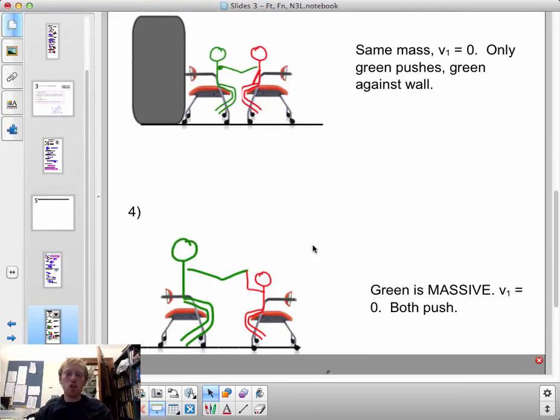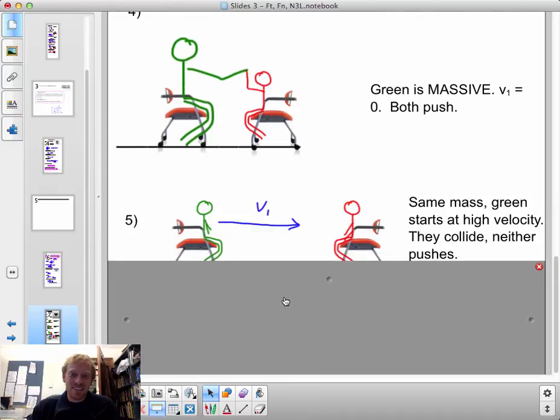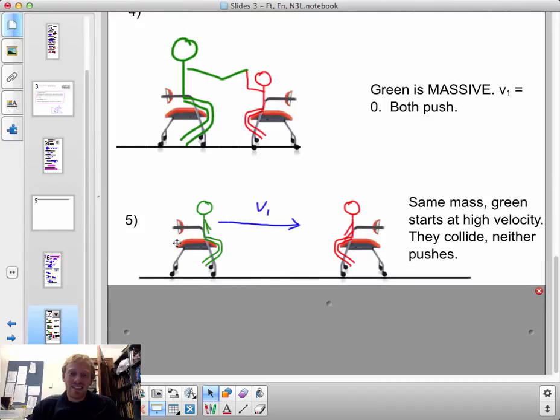What if green is huge, and is much larger, but both push? Does green exert more force on red, or does red exert more force on green? What if they have the same mass, but green is going to crash into red, and red's initially at rest, and neither of them physically push their arms? Does green exert more force on red, or does red exert more force on green?